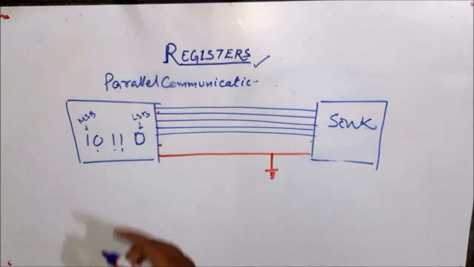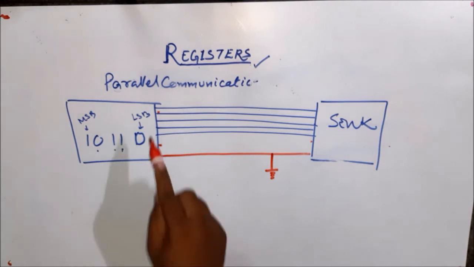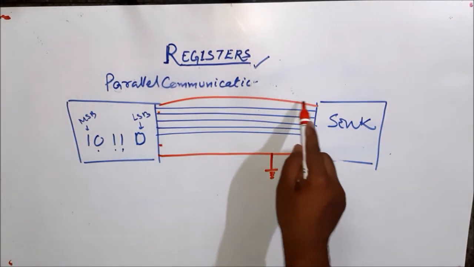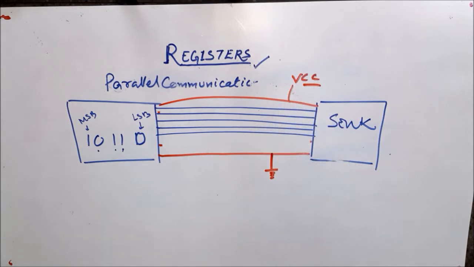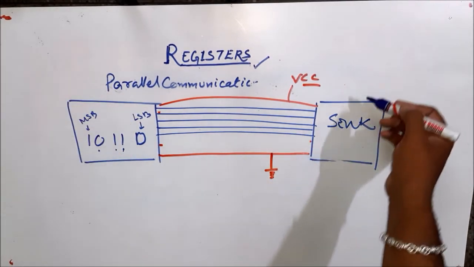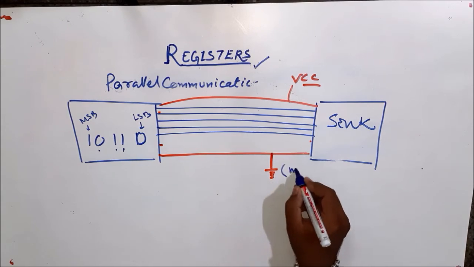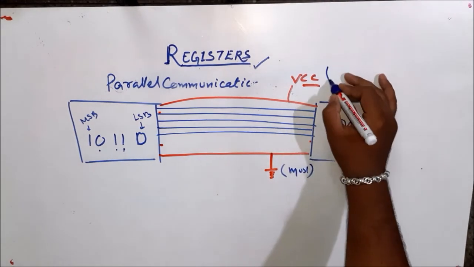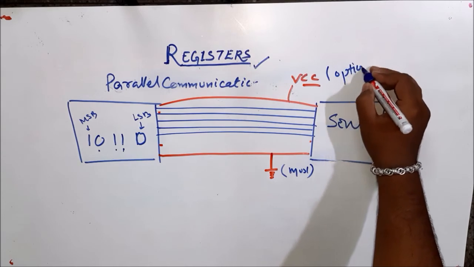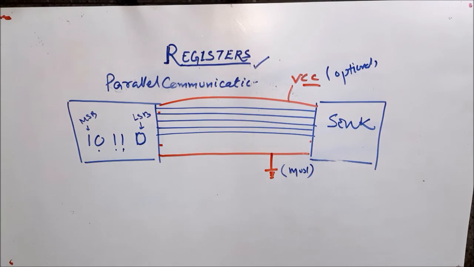These 5 data lines are connected to the sink. Again, sometimes we also need one VCC line. This is VCC, so this is optional. VCC will be optional because if one supply is connected here and another supply there, there is no need to connect a VCC. But ground is a must. This is a must, and this is optional. It actually depends upon the designer who is designing this circuit.